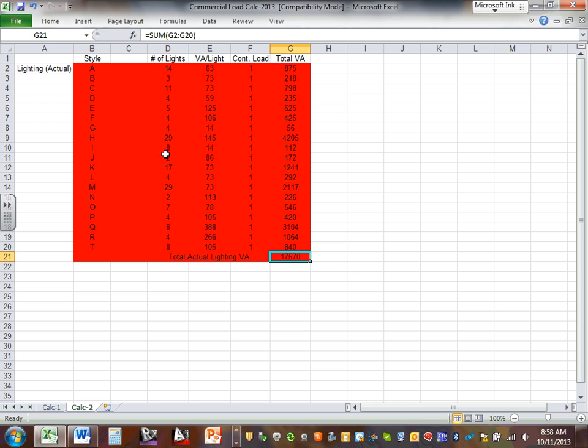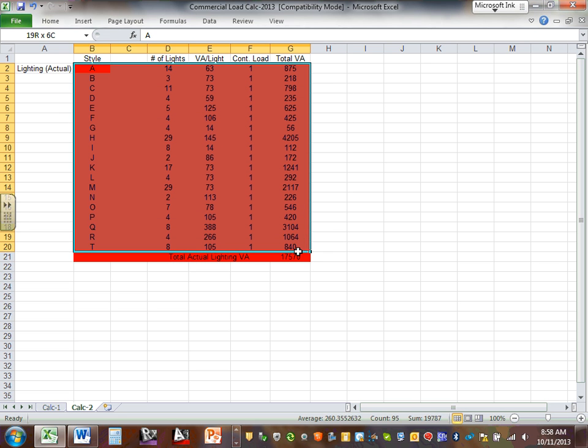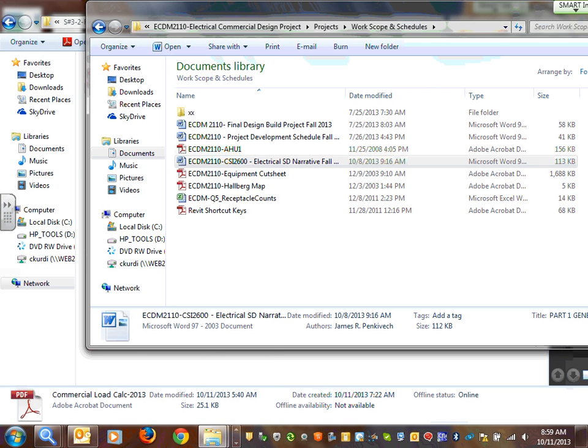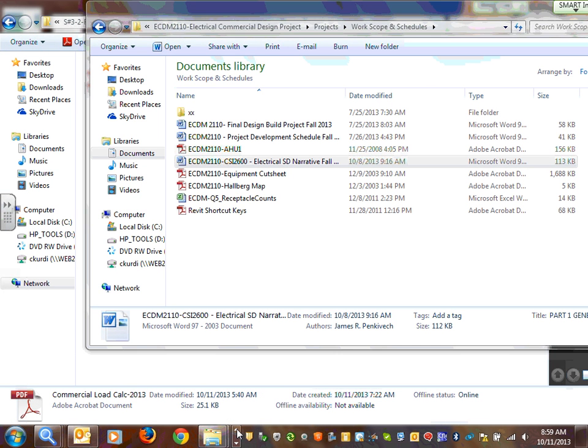By the way, this file here, can you see this file? That's also on the network for you. So you're going to calculate your fixtures A through T, if any, add them all up, take the volt amp from the manufacturer, compare them to the 3.5 volt amp per square foot, and choose the largest.